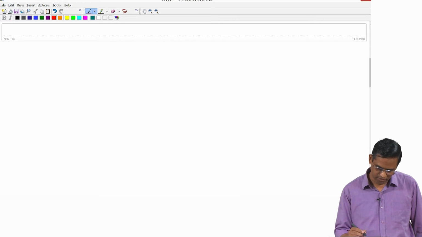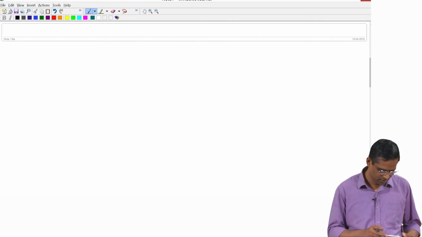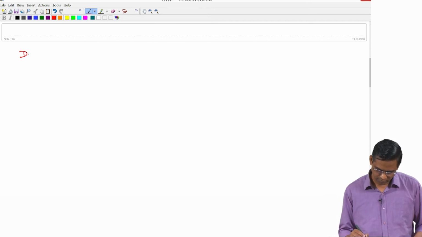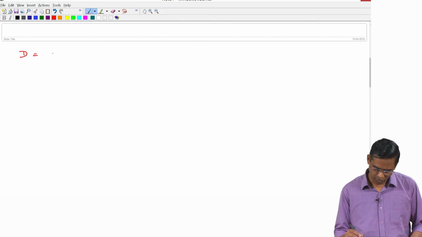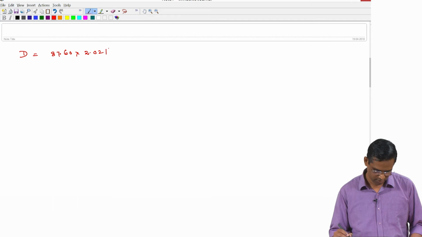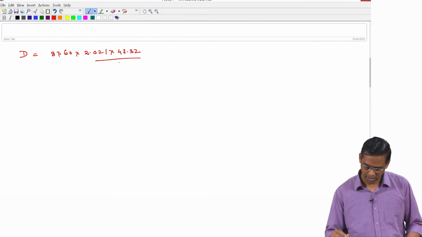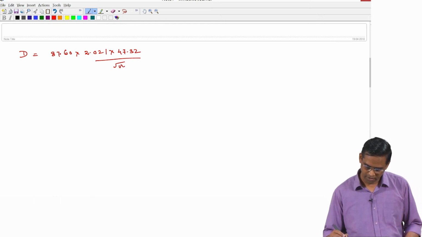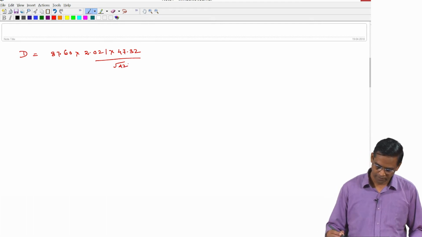So, you write for the T distribution: 87.660 minus 2.021 into 47.32, which is the standard deviation, divided by square root of n, which is nothing but 42.